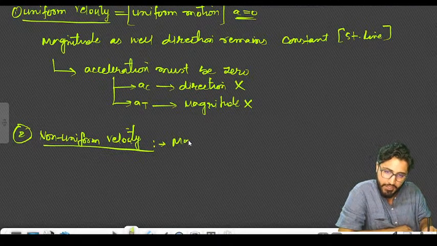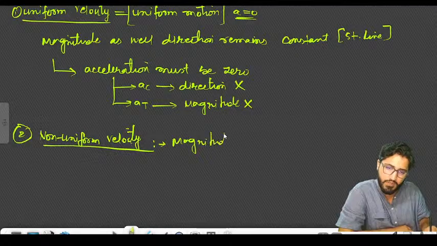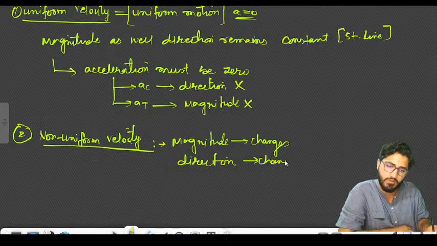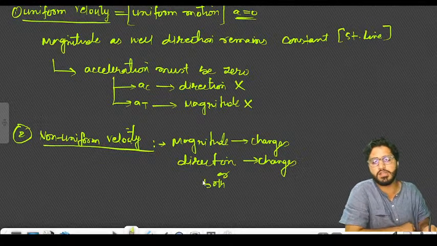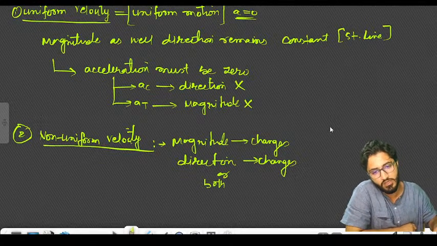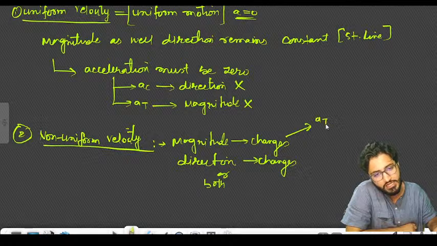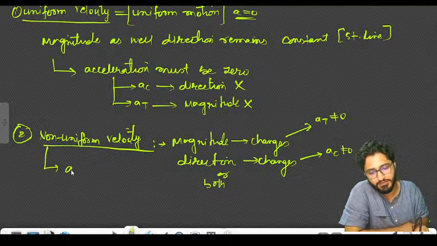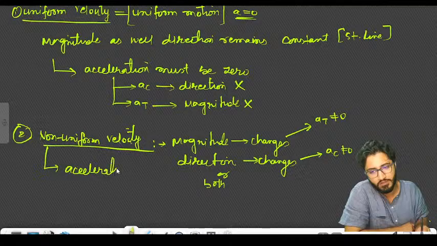If my magnitude changes, if direction changes, or both, this is non-uniform velocity. For magnitude change, AT must be present. For direction change, AC must be present. So you will write here, acceleration must be present.